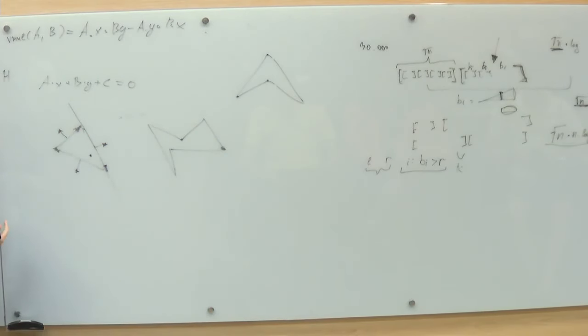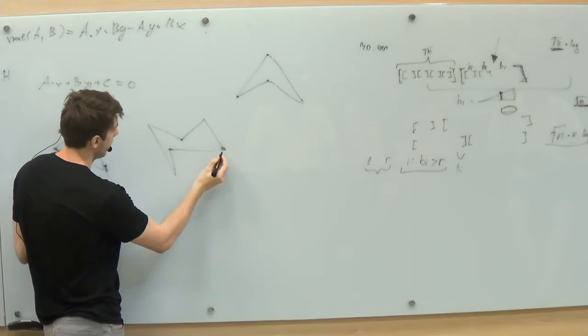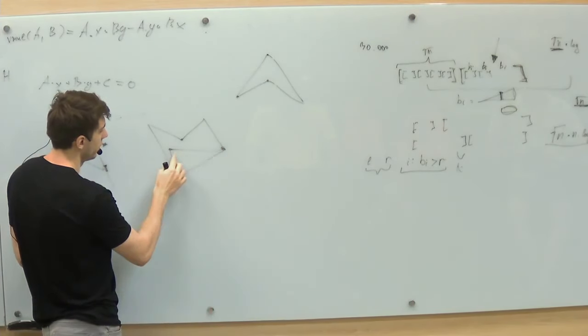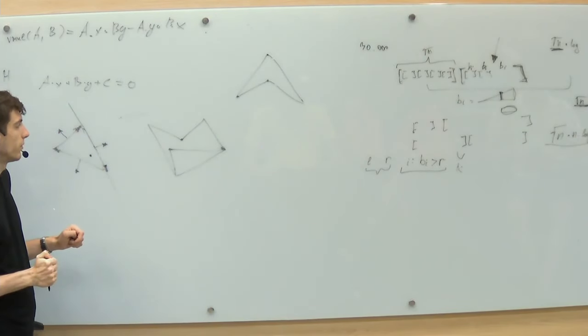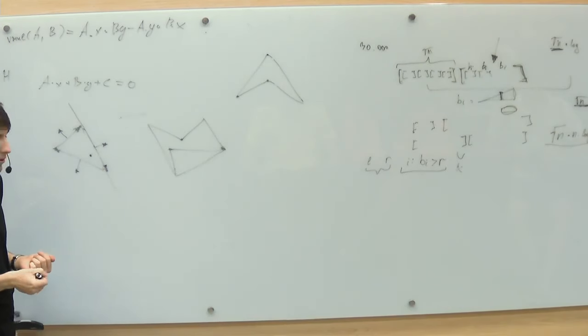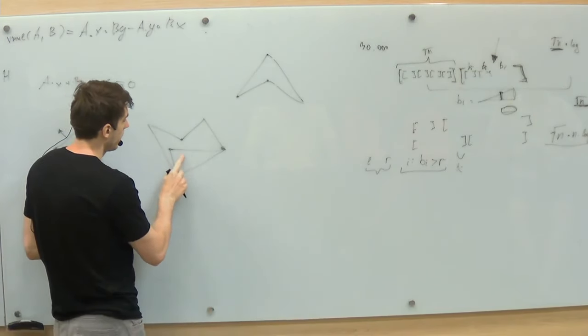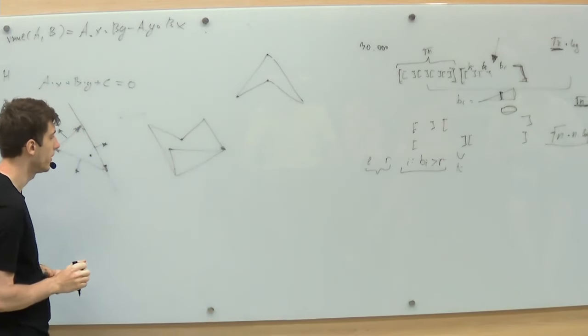Another case you have to check is that this triangle is not an outside triangle. So this triangle is clearly not one which we are going to cut from our polygon, because it is not inside our polygon. And how to check whether the triangle is inside the polygon or not?